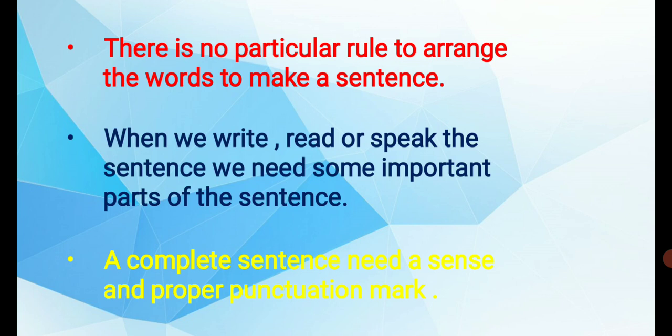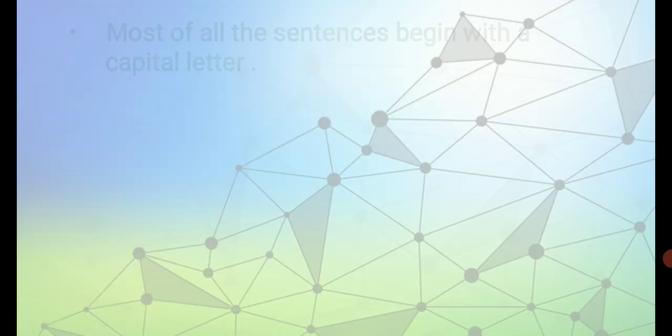Understand? So, what do we need to make a sentence? We need some important parts of speech in the sentence, a proper punctuation mark, and a meaning. Sense means the meaning of a sentence, to make a sensible sentence.